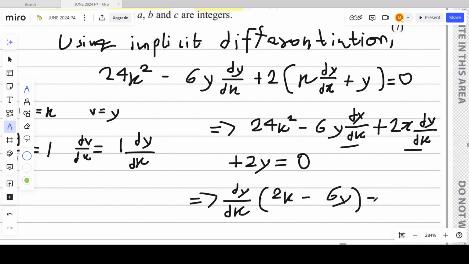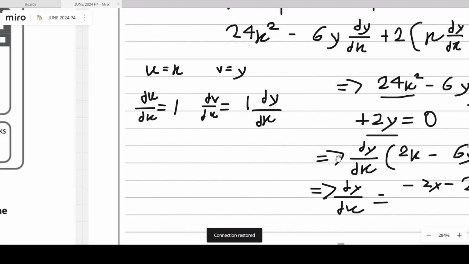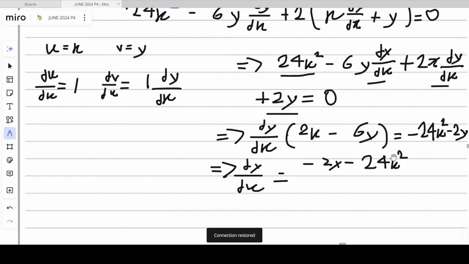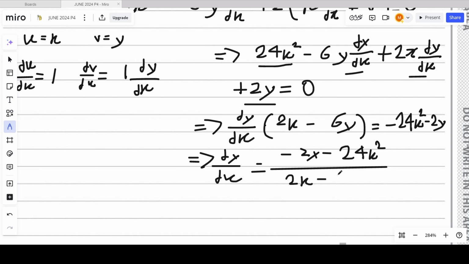Take the remaining terms, 24x squared and 2y, to the other side: negative 24x squared negative 2y. So dy over dx equals negative 2y negative 24x squared over 2x minus 6y.